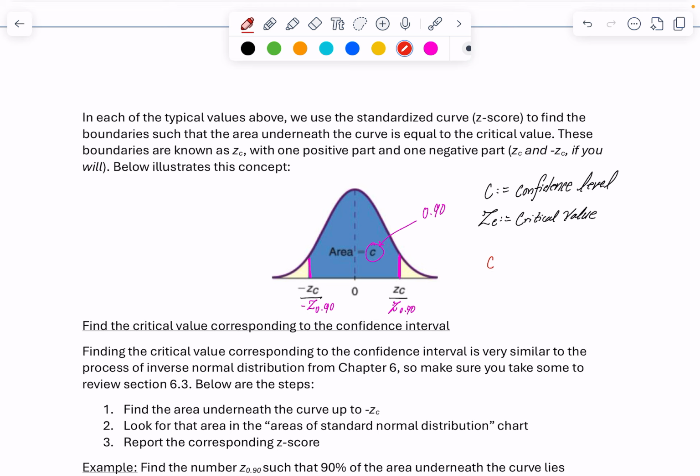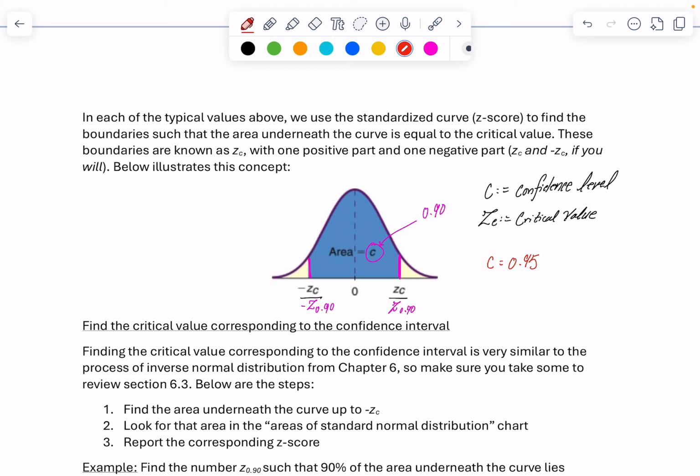Now let's see what happens if we increase our confidence level. Let's say we have another confidence level, 95%. That means the area underneath the curve has to be 0.95. As we see in this graph, our critical values are symmetric about the mean, 0 here. This is a standardized curve.